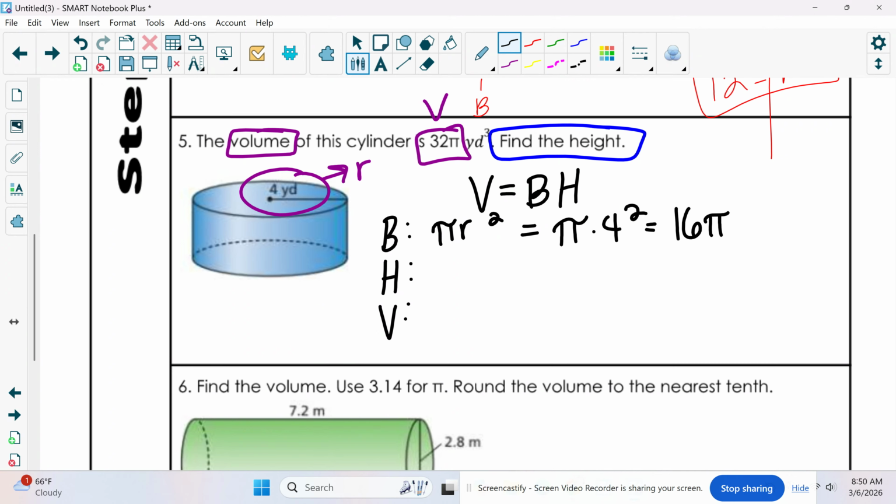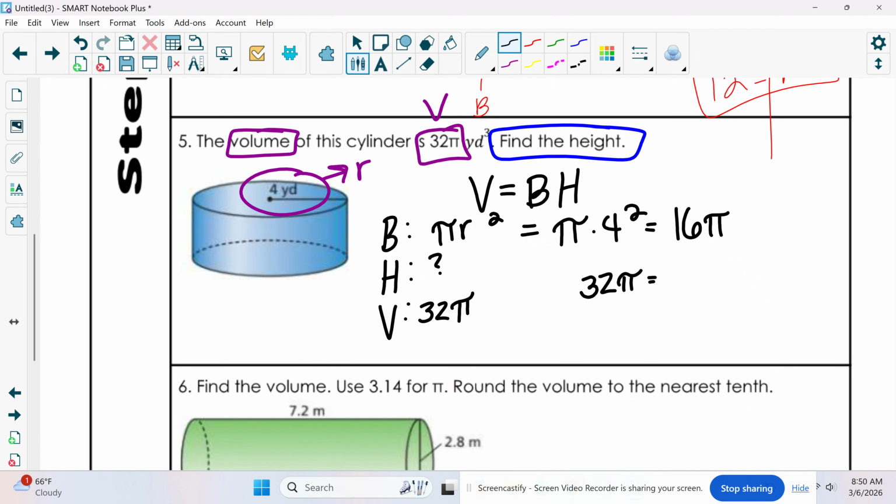I don't know the height, right? That's what I'm finding. That's the question. And my volume is 32 pi. So when I go in there and replace what I have, I replace the V with 32 pi.